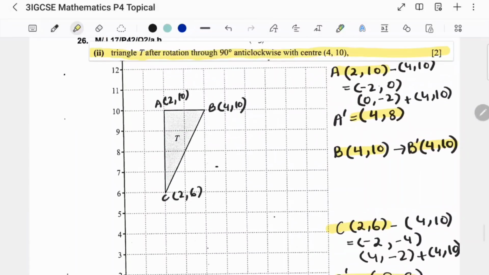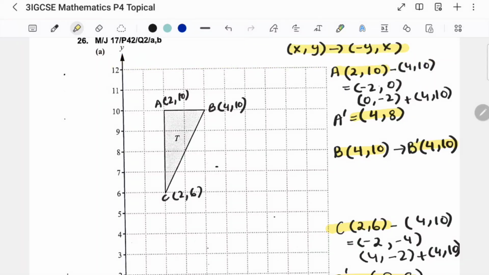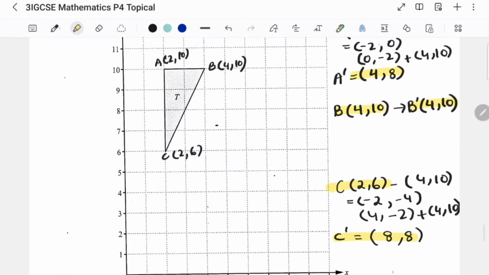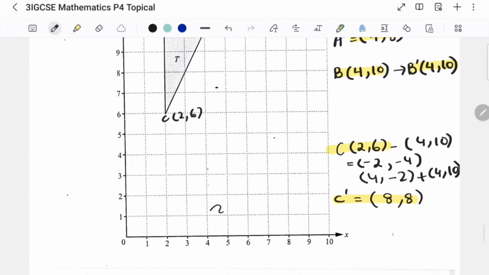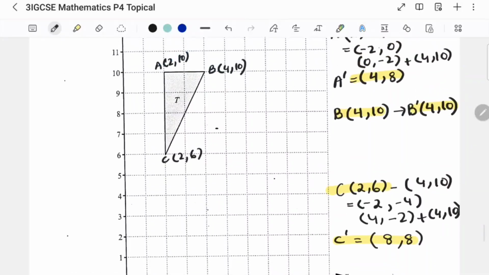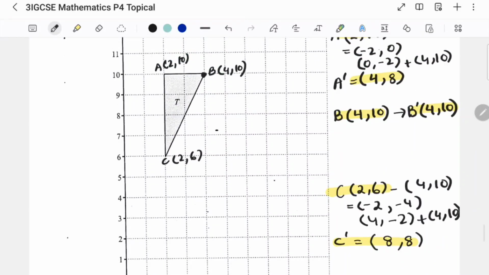So let's draw this. So what are we going to do? We are rotating triangle T through 90 degrees anti-clockwise with the center (4, 10). Okay, the center is 4 and 10. This is the same center. Now the first one is (4, 8).